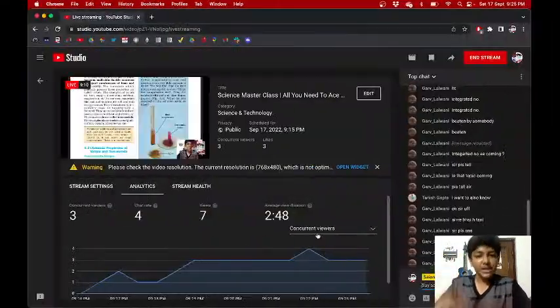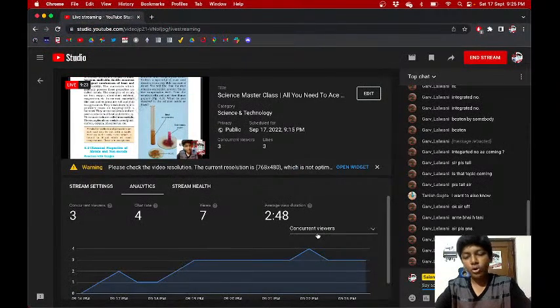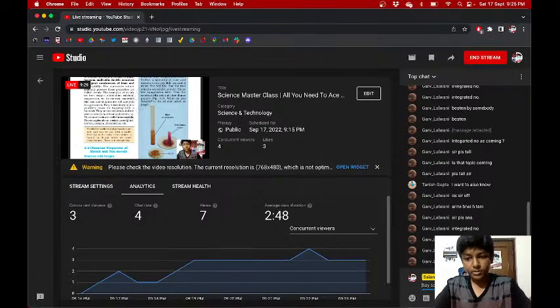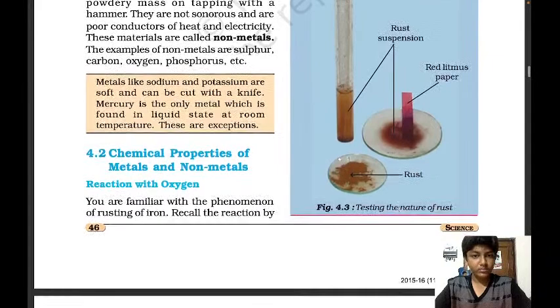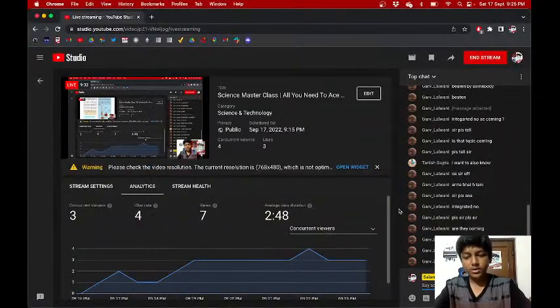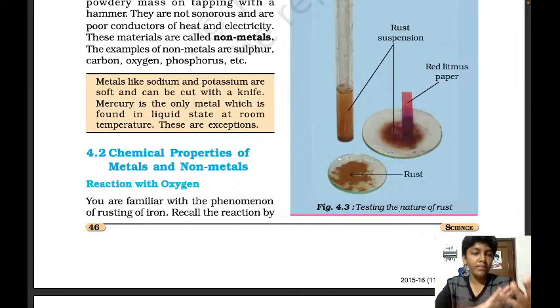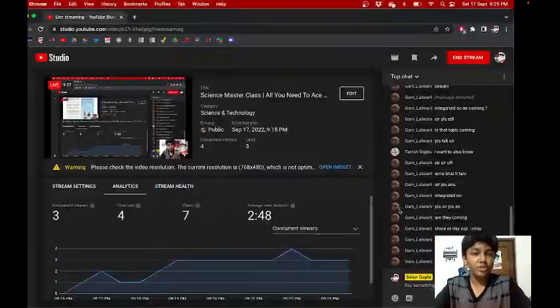Please name some more non-metals and metals in the chat below. Please give me some non-metals and metals other than those mentioned in the book.